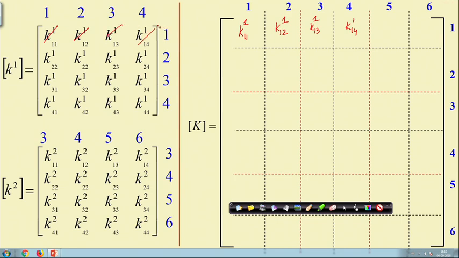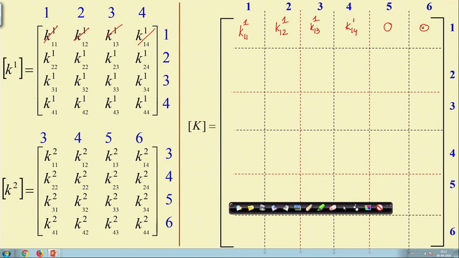We have already included these values in the global stiffness matrix. Then 1 5 and 1 6: there is no 1 5, 1 6 here, so these will be 0 and 0. This was for the first row.